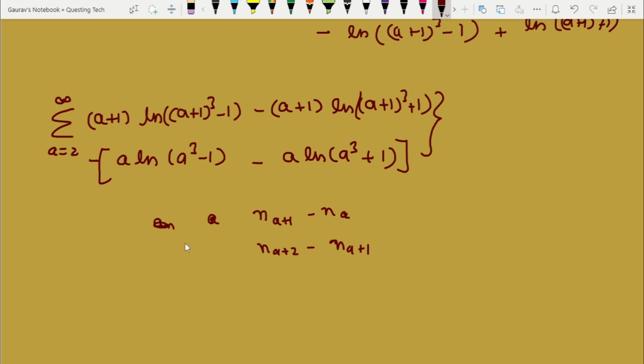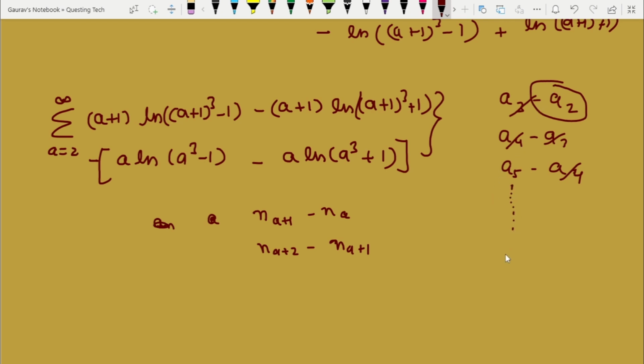So we can start like this, a of 3 minus a of 2. Like we are going to say that a is equal to 3 in this expression, and the function is the same. Then the next one is a of 4 minus a of 3, then a of 5 minus a of 4. So this is going to be cancelled out. What we have left is minus of a of 2, and we are going to go further.